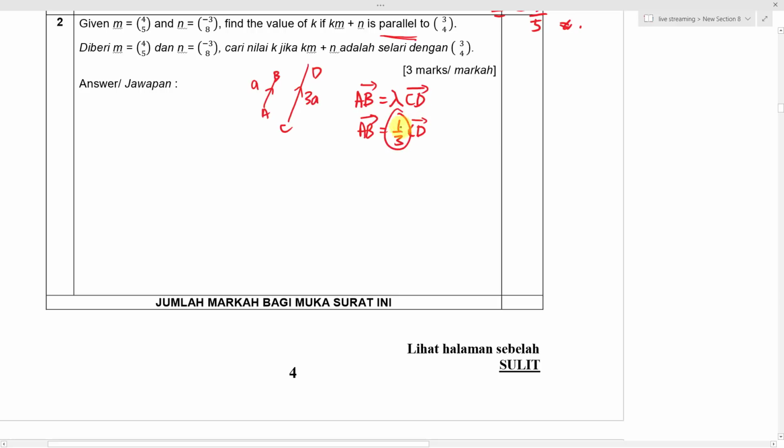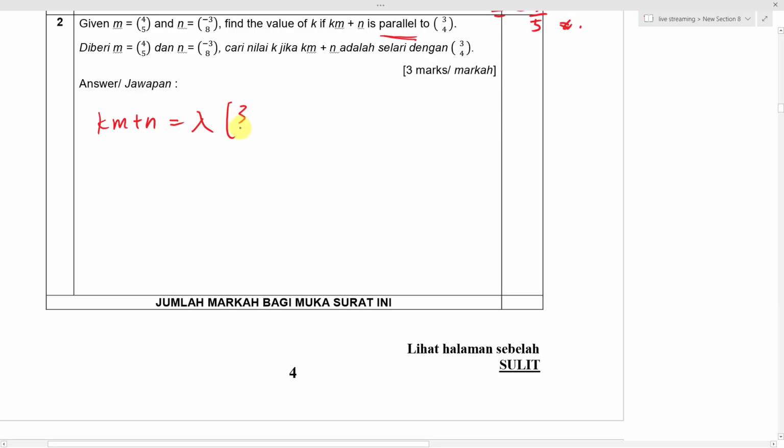Okay, so therefore, when they are parallel, I can always add the lambda by myself. Obviously, this is AB, CD; I just added it myself to explain parallel. So over here, they give me km + n is parallel to (3, 4). So whenever parallel or collinear, I will basically add a lambda for it.